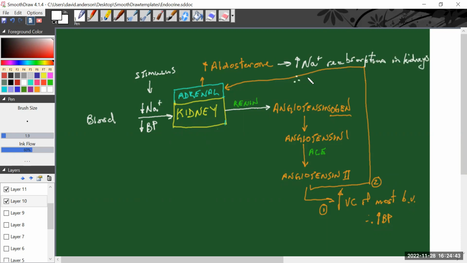And that means water follows. So when we say reabsorption, it means we're going back to the blood volume. And if we add sodium and water to the blood volume, then our blood pressure is going up. We okay with that?